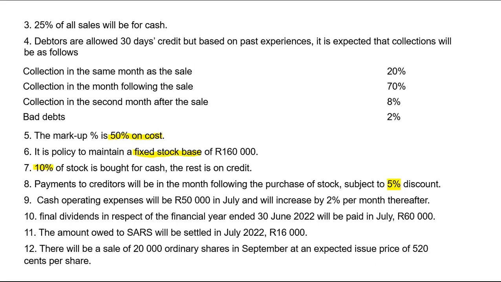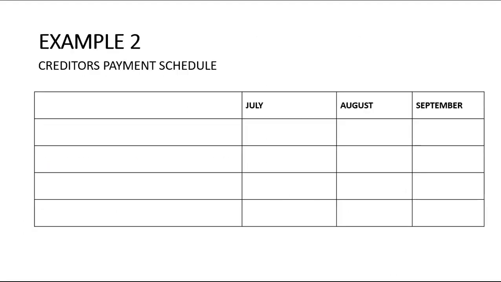So I'm going to focus on the June purchases because the June purchases are the ones that we are going to pay in the budget period, which is July. Now, June purchases amounted to how much? You took your sales figure, which was sales for June amounted to 340,000.